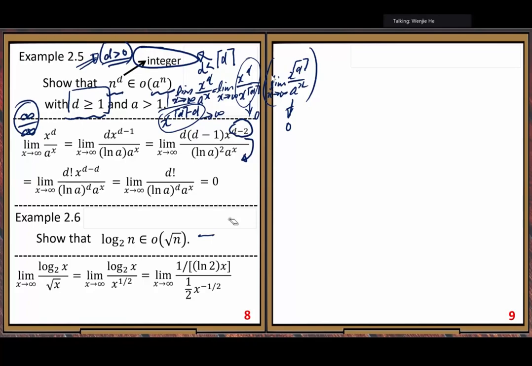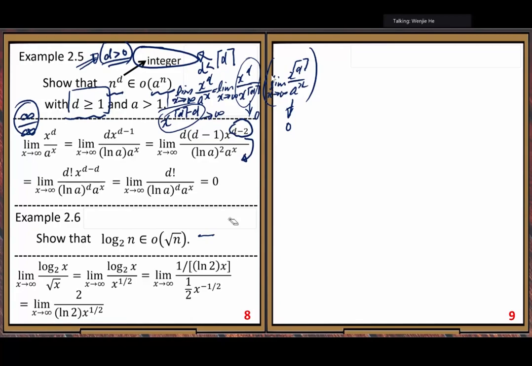We take the derivative of numerator and denominator, apply the formula, then simplify. After the simplification, you can see it is not an indeterminate form, because the numerator is a constant and the denominator goes to infinity.